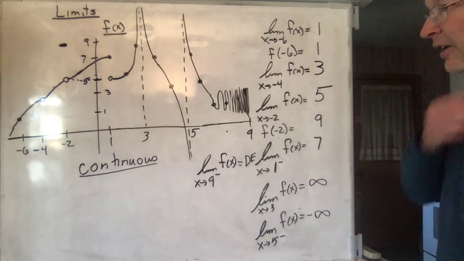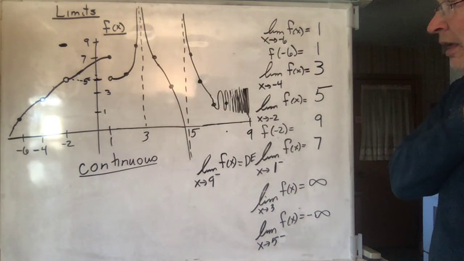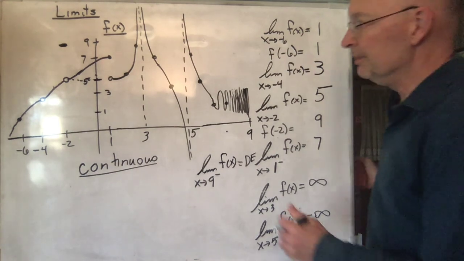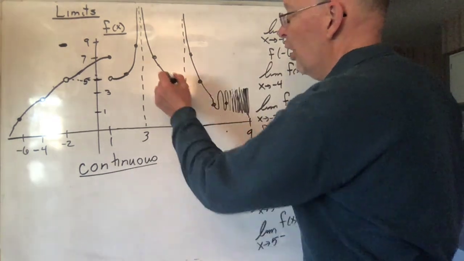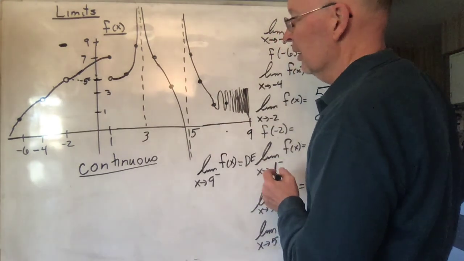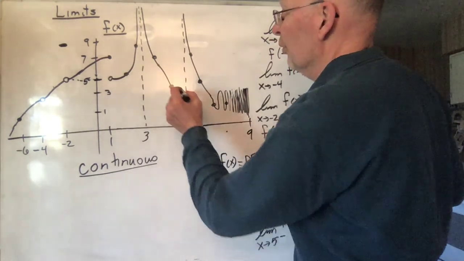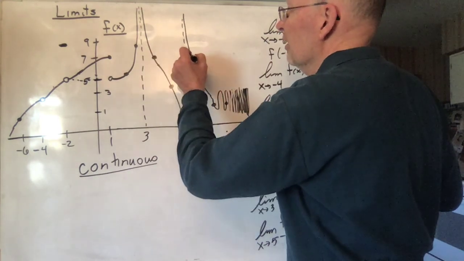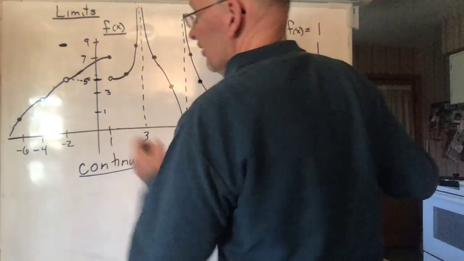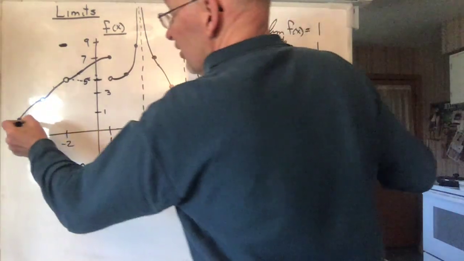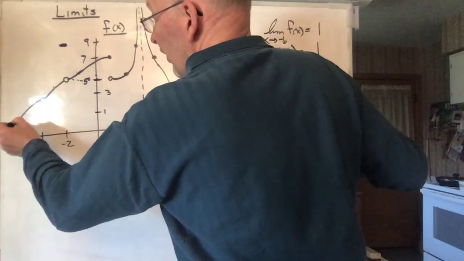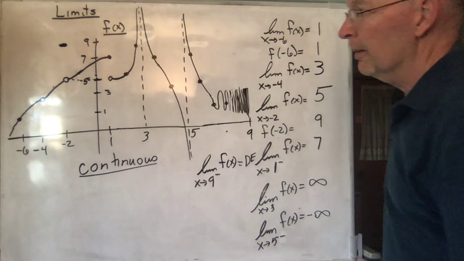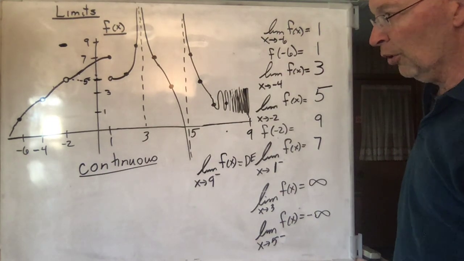So a function is continuous if at any given point you can draw it without taking your pencil off the paper, as it were. So it's continuous here, it's continuous here, it's continuous at all these places, because I can draw it without taking my pen off the board in this case.